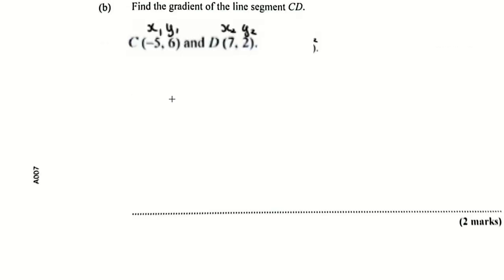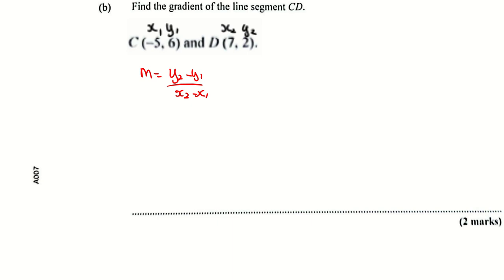Right, now my gradient of my line, the reason why this is so many marks is because they're not giving you a formula. My gradient is equal to y2 minus y1 over x2 minus x1. Again, it does not matter which one you choose as x1 and x2 or y1 and y2.